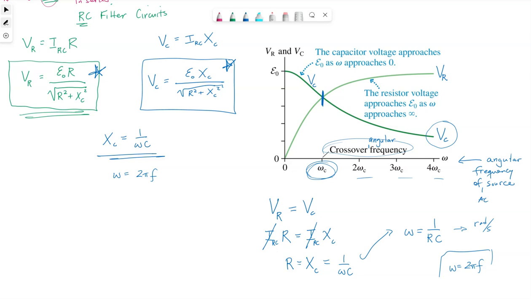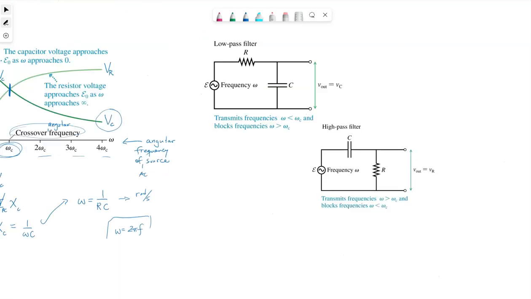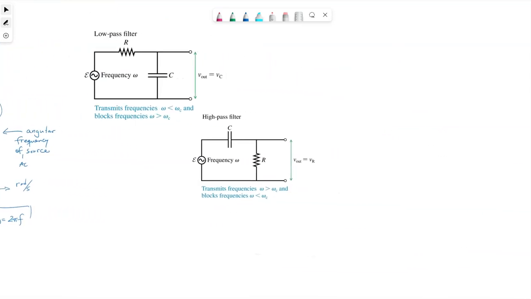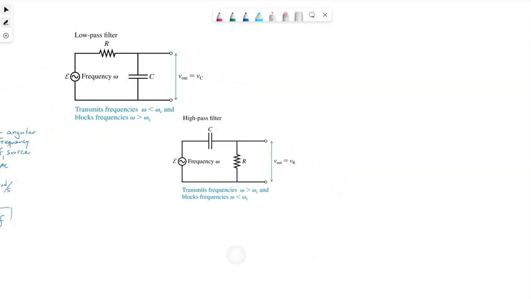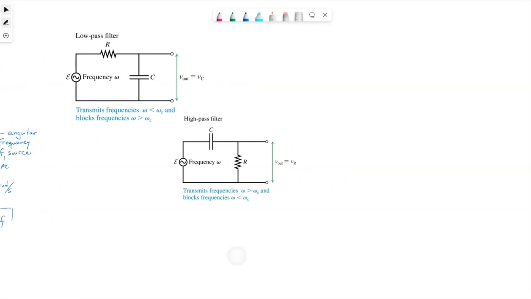Now, in terms of calling these filter circuits, let me grab one more picture to show you. All right, so in both cases here, both pictures, we have a resistor and capacitor connected in series.